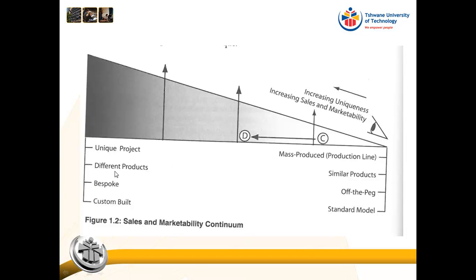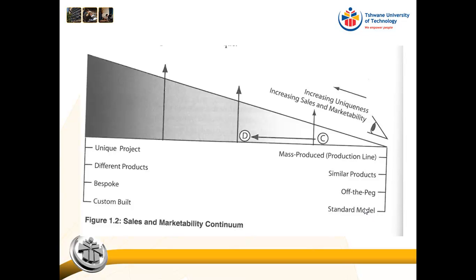So bespoke is when we talk about making clothes. So if you go to a tailor and the tailor measures you up individually and makes a suit especially for you, that's a bespoke suit. Whereas on the other side we have off the peg. So this is where you go to Mr. Price and you buy a suit, and it doesn't fit you 100% because your arms are maybe a little bit longer than my arms or whatever, but it fits good enough, and that is where you have the standard model.